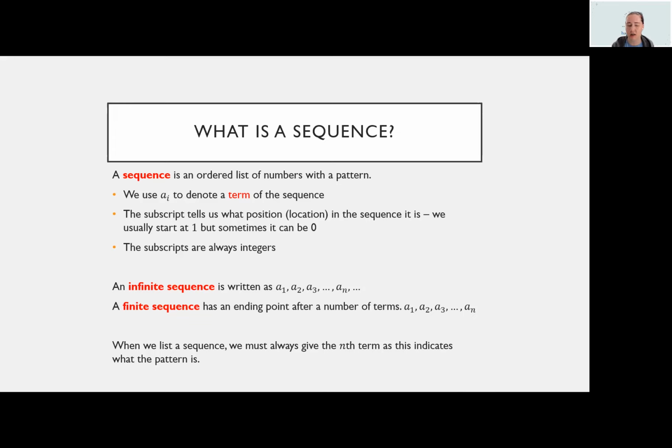It may have 10 terms or 100 terms, however many it has, it stops at a specific point, and that's what makes it finite. You always have to at least give the nth term so you know what the actual formula is, unless you're asked to figure out the formula. But if you are writing a sequence for somebody else, you want to indicate what the formula is so that they know how these numbers came about.